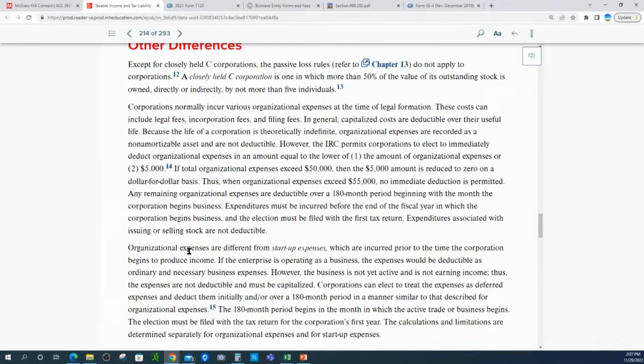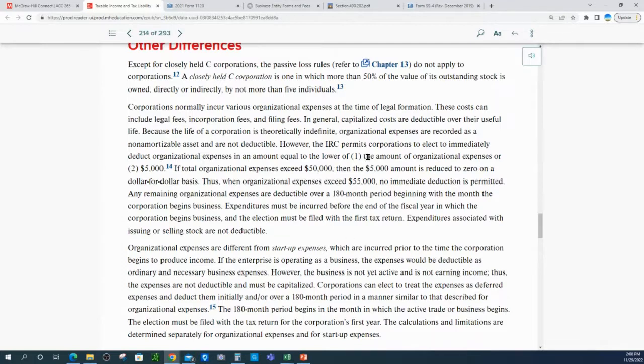Startup expenses would be things like purchasing supplies, paying rent, things like that. Organizational expenses are, you paid an attorney to organize your company. So organizational expenses have to do with the actual organization, putting together the company. Startup expenses are those initial expenses before you've actually started making any money.